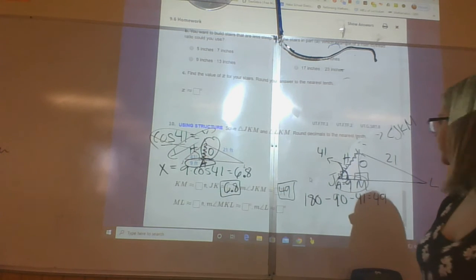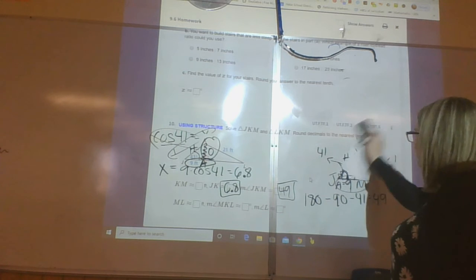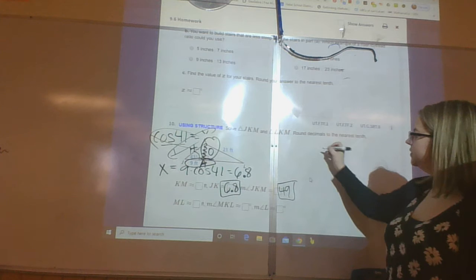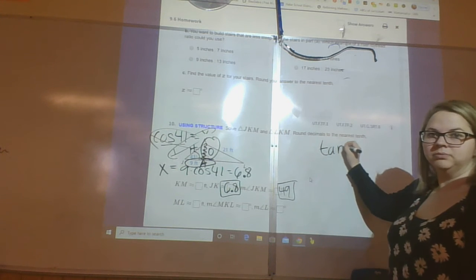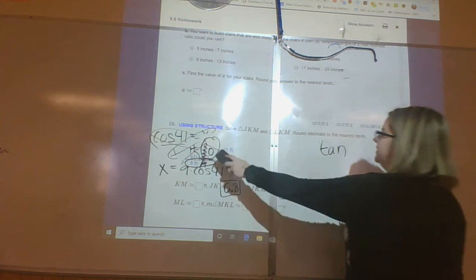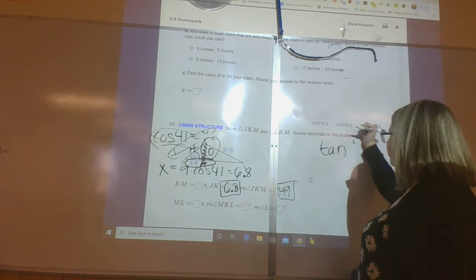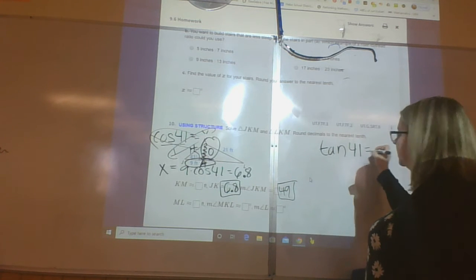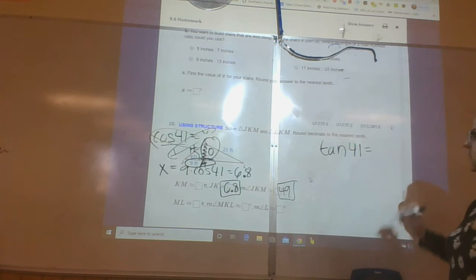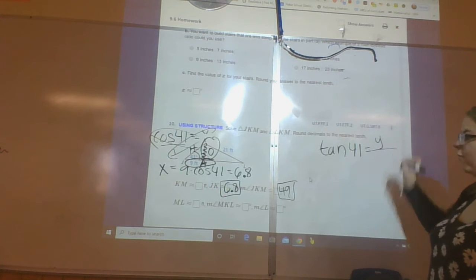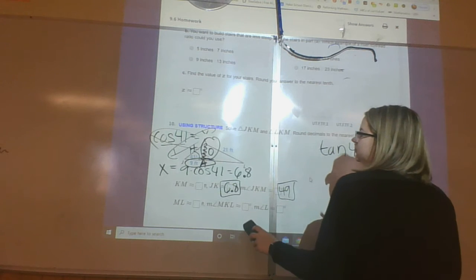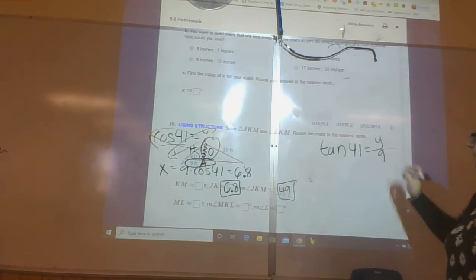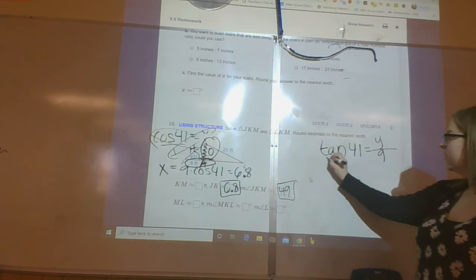So I'm going to erase this over here. So now we're going to do tangent of my angle, which is 41, equals my opposite side. I don't know, so we're going to call it y, over my adjacent side, which is 9. I put this over 1.